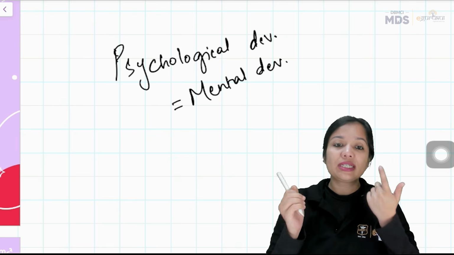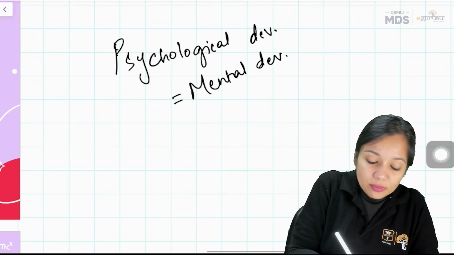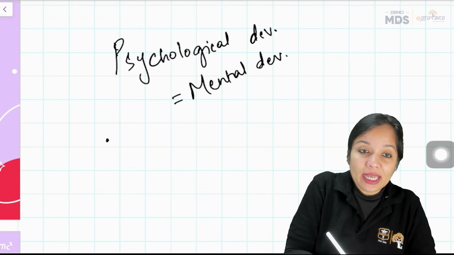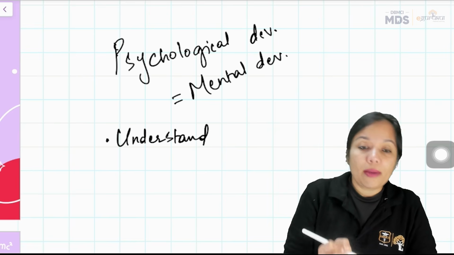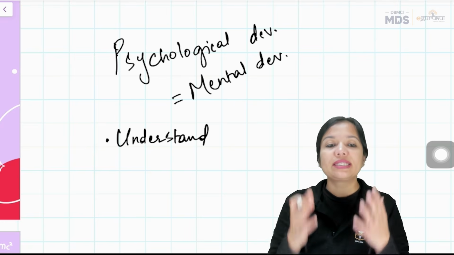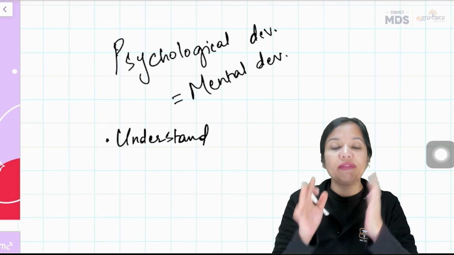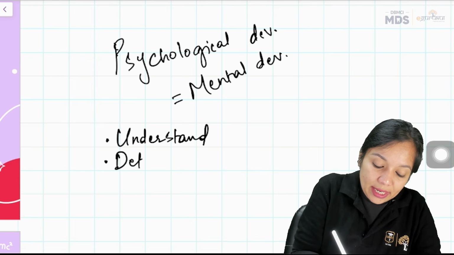So how does it help us? It will help you to understand the child better and to deal with him more effectively. And second, it will also help you to detect deviations.